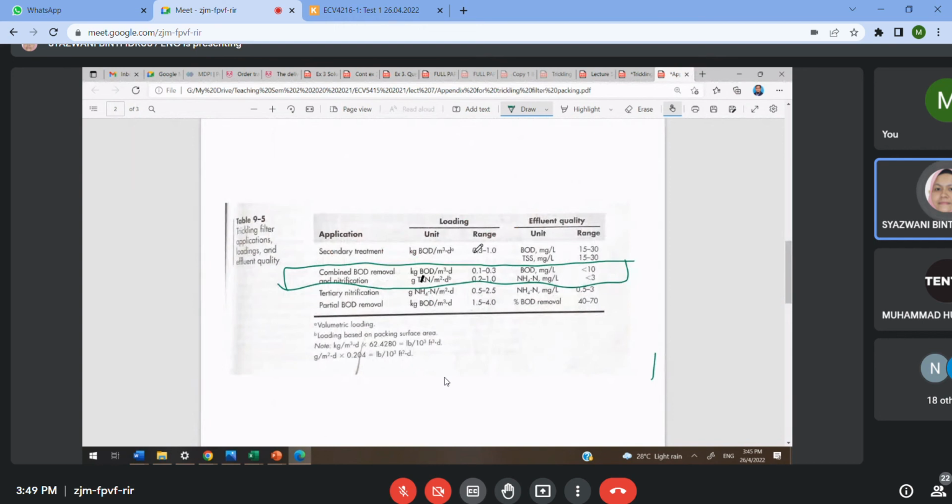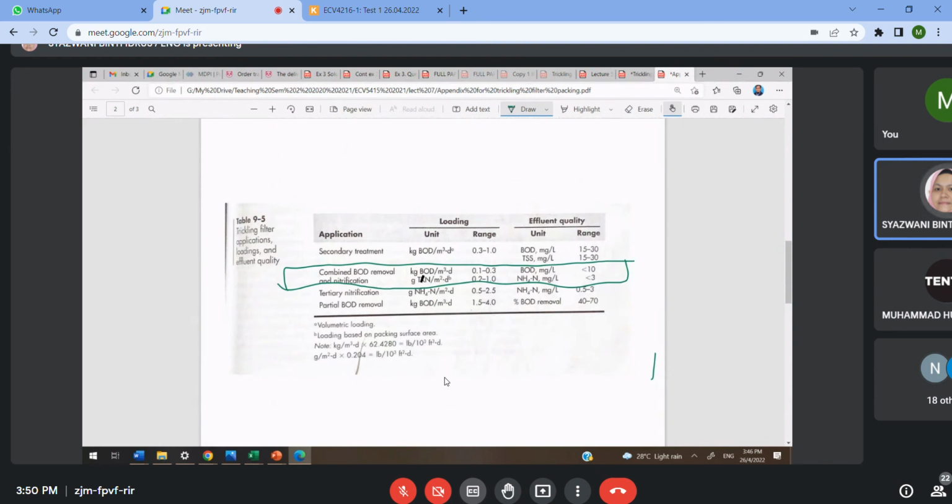So does 1 kg fall within this range? No, because the range stated here, to determine whether nitrification will occur or not, has to be between 0.1 and 0.3. While for nitrogen, the value is 0.21, it does fall within this range.